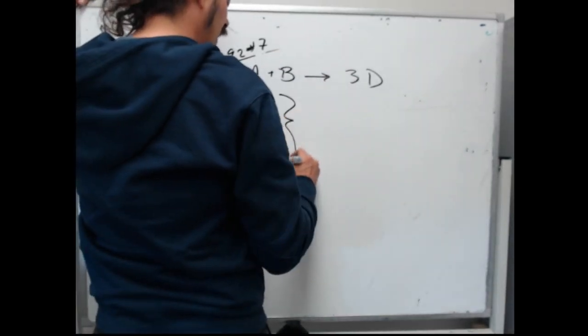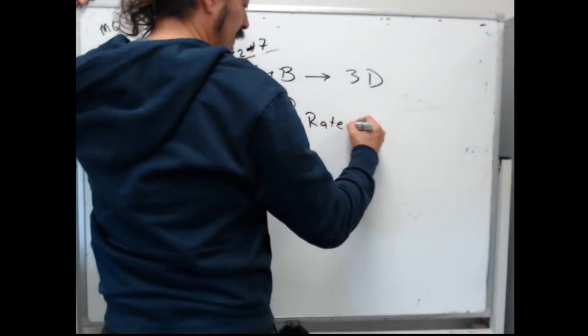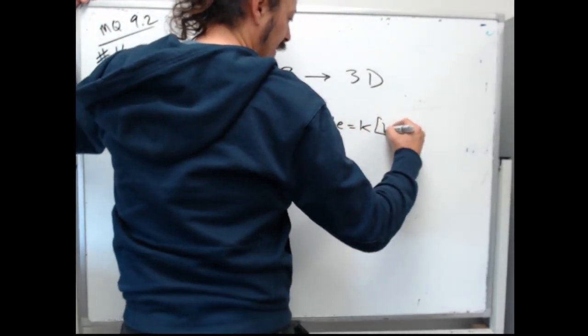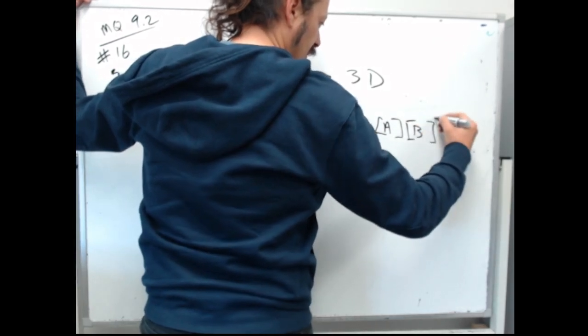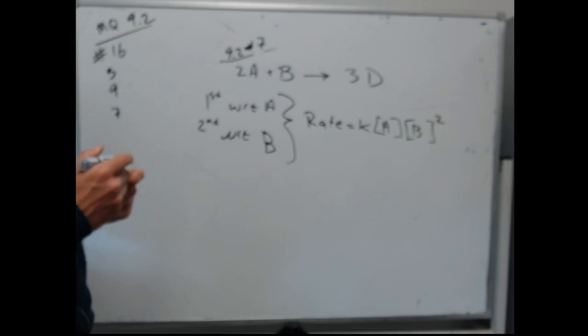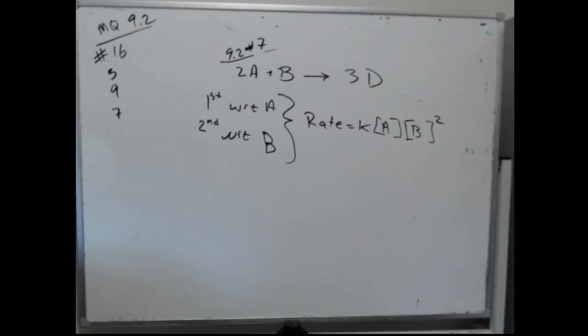If it's first order with respect to A and second order with respect to B, the rate is equal to k times [A] times [B] squared. Now, how will each change listed below affect the rate of this reaction? If you double the concentration of A, and then triple the concentration of B, halve the concentration of B. Those are separate things, we're not doing that all at once.